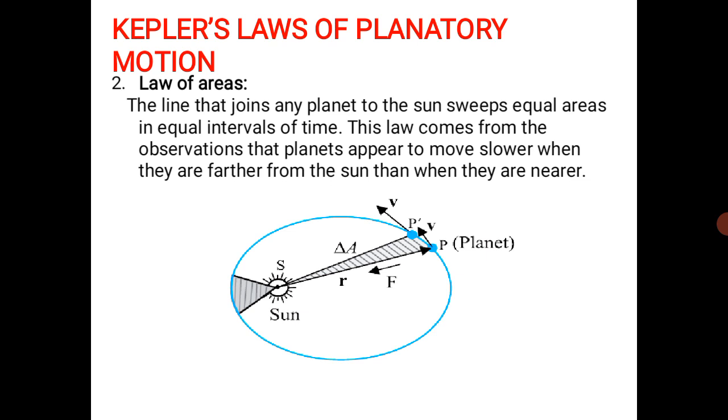Now you have to join two lines from S to P and S to P dash, and we are getting some area, that is PSP dash.